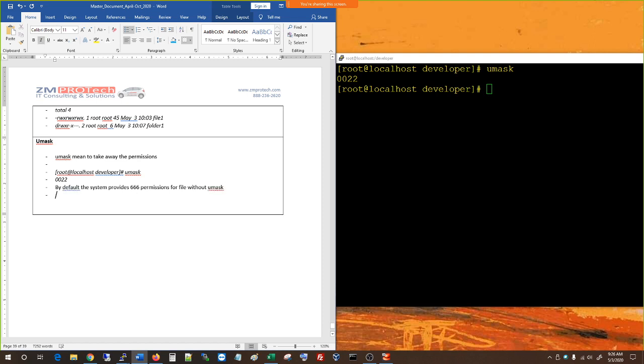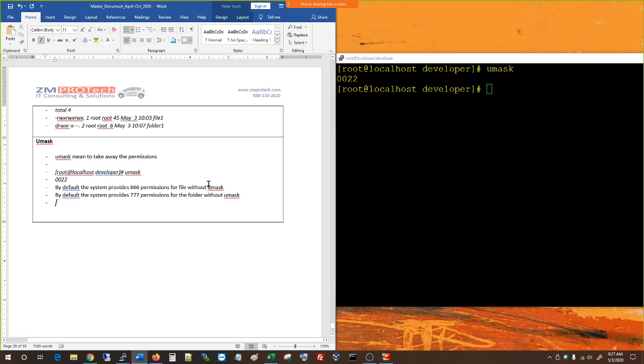And again by default, the system provides 777 permissions for a folder without umask.